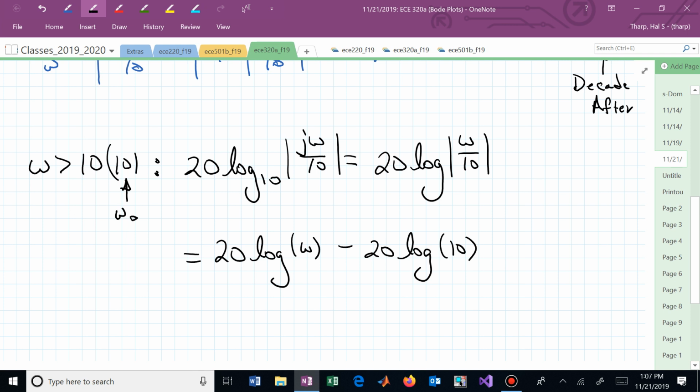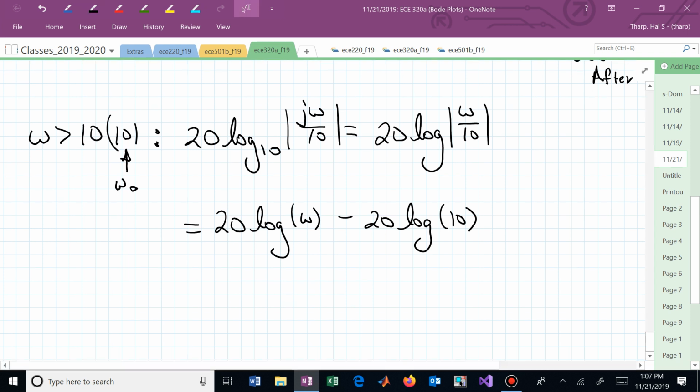That's why when we have a single pole factor, we're going down at 20 dB per decade. The right-hand side just tells us when this slope would actually occur. When is this different from 0? Our straight line for small frequencies was saying you're just at 0 dB.